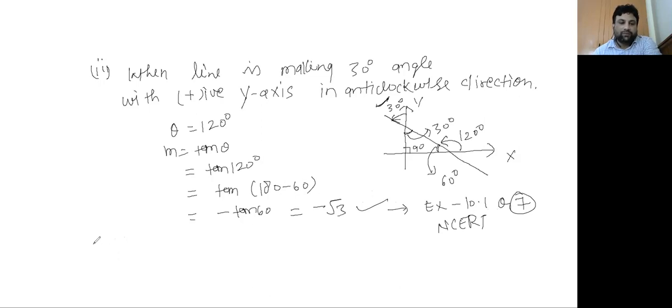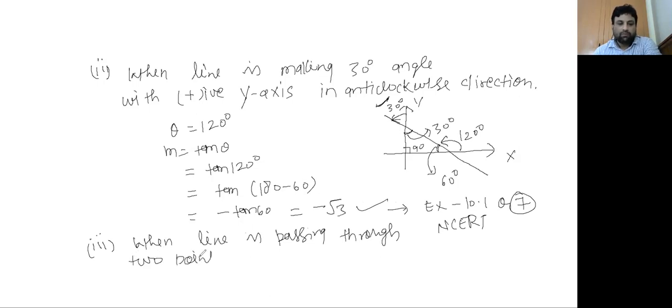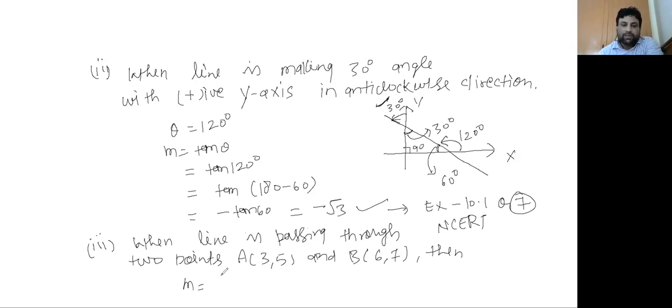Now one more example. When the line is passing through 2 points A(3,5) and B(6,7), then as I told you in my previous video, we can use the formula m equals y2 minus y1 divided by x2 minus x1.